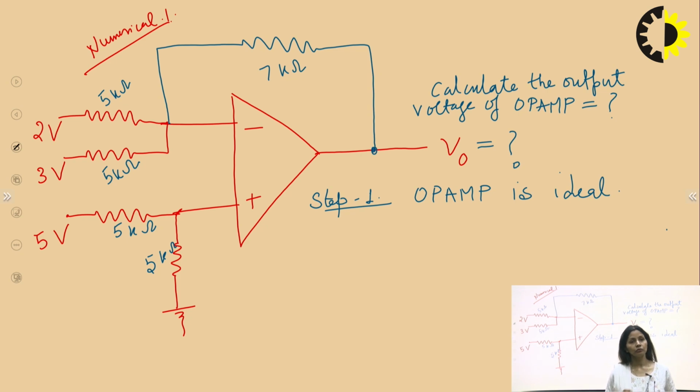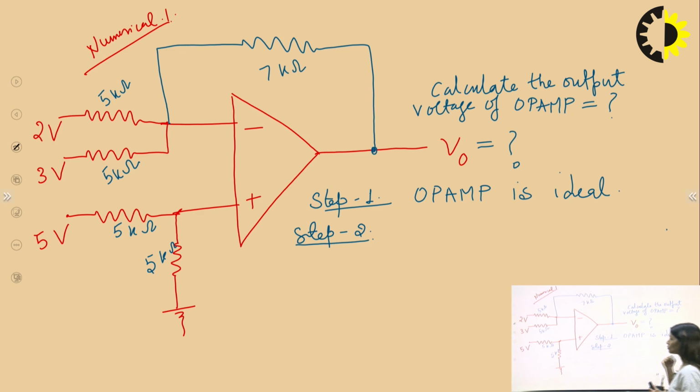You have to tell the examiner that you are considering the op-amp to be an ideal op-amp, right? Step by step you will answer the question, so that even if you are not getting the final answer exactly right, the steps are clear and you can score some marks in that particular question. You can score marks for the steps also. So step 1, the op-amp is ideal, and then we will go to step 2.